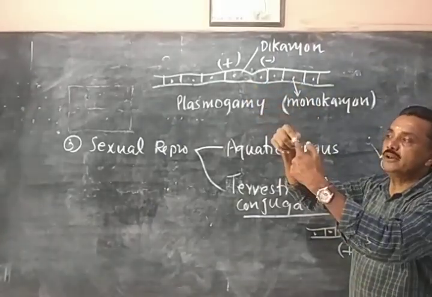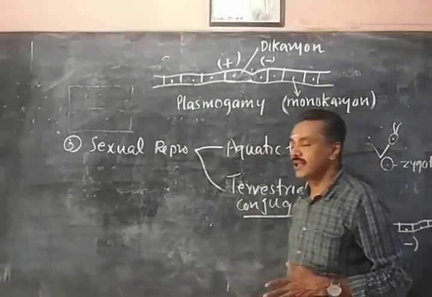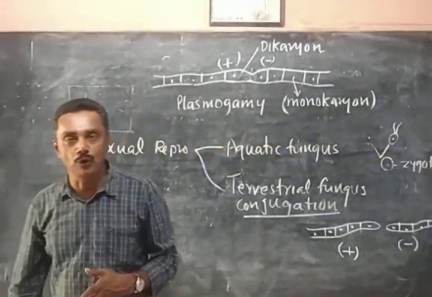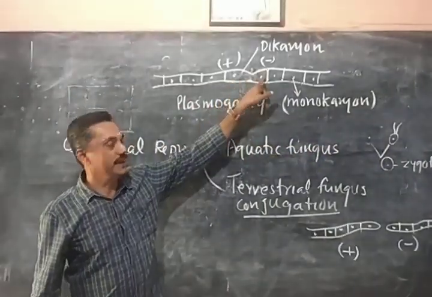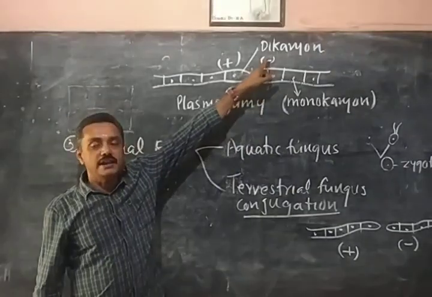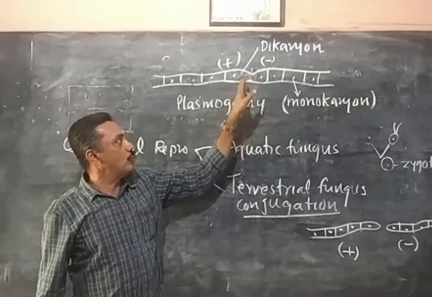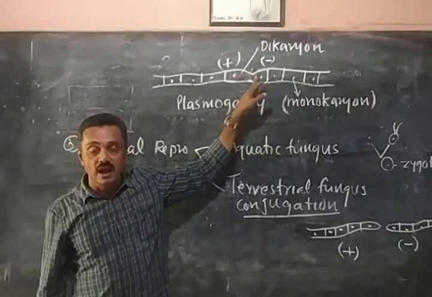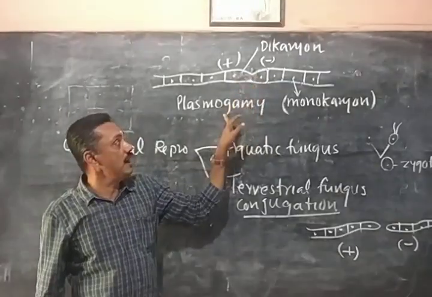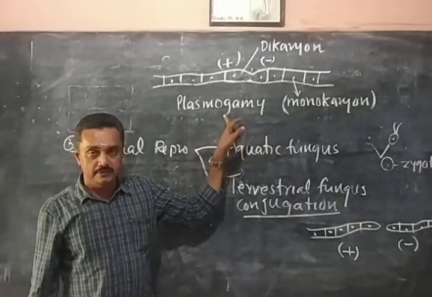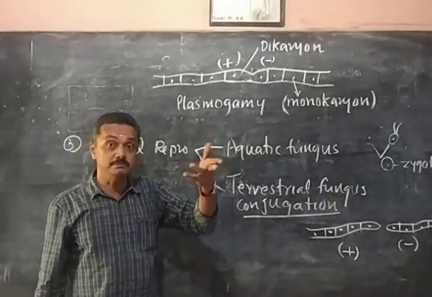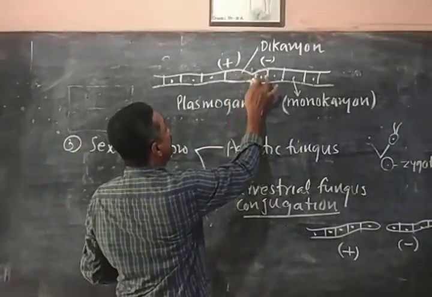The two cells will mix together, so we get a cell containing two haploid nuclei, one plus and one minus. Such a cell is called a dikaryon, a dikaryotic cell. So the cytoplasm, protoplasm will mix together. Mixing of protoplasm is called plasmogamy. After some time, the two nuclei will mix together.